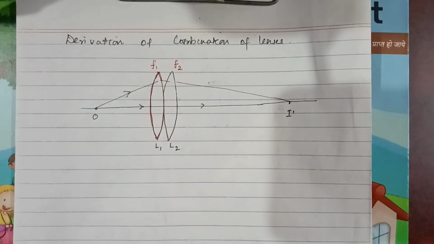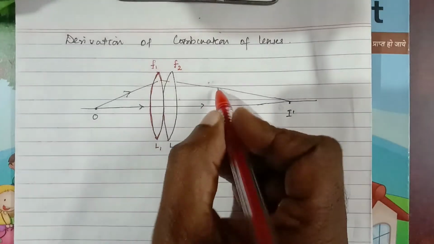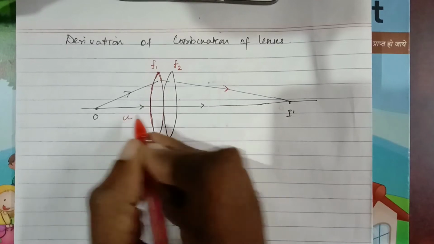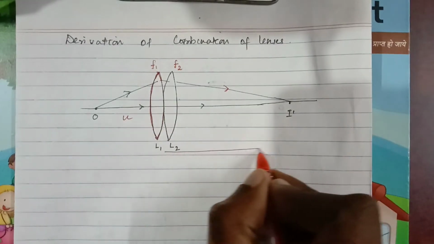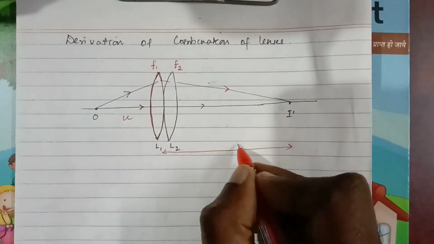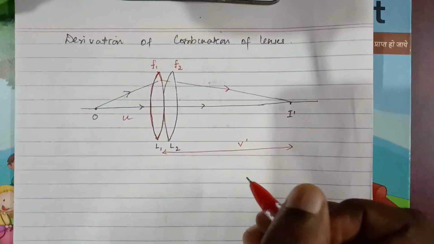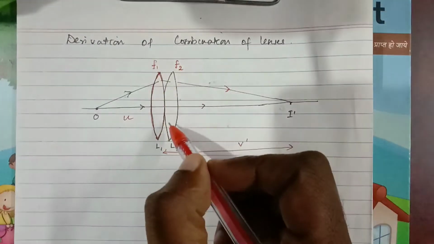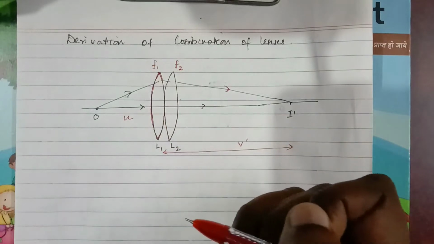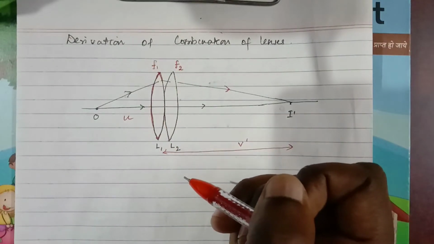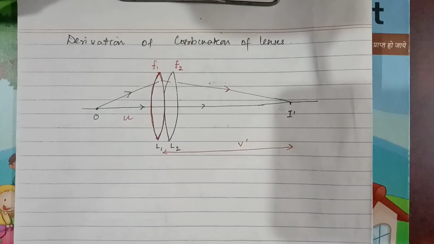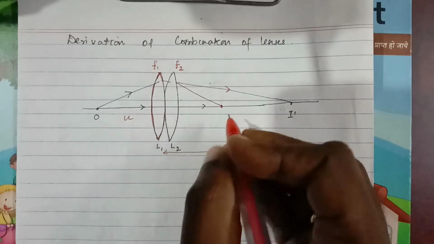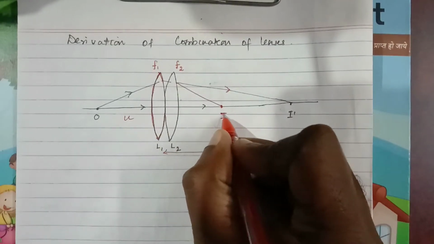For the object distance u, the image is formed at I dash, so the image distance is v dash. But due to the presence of the second lens, the final image will be formed somewhere here, and this will be our final image I.